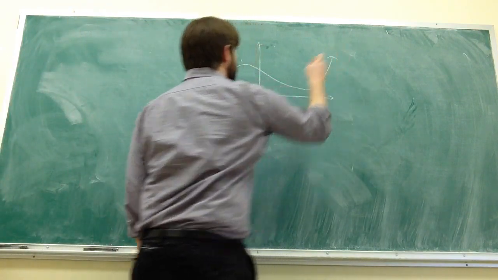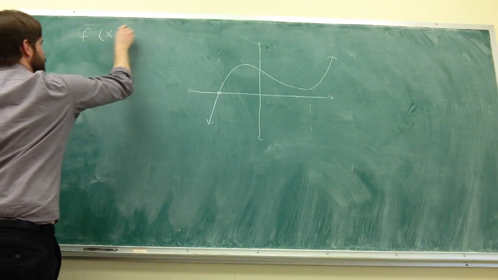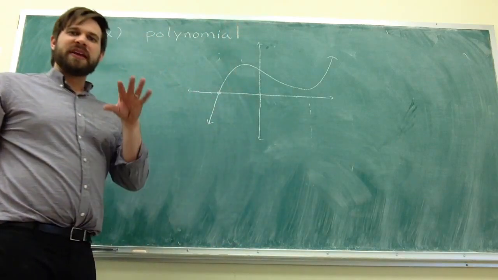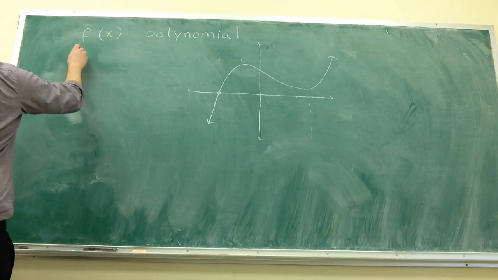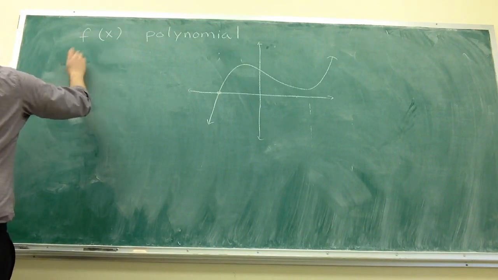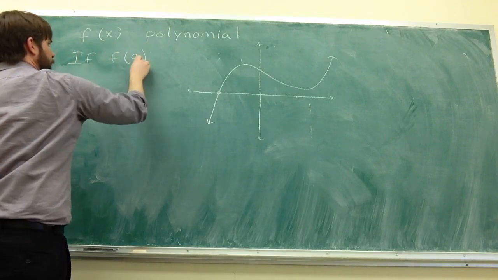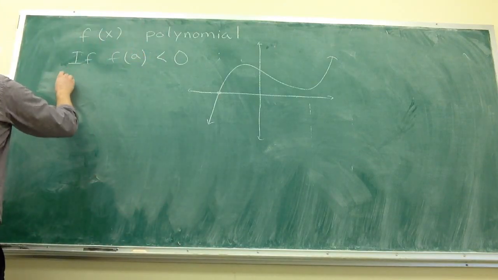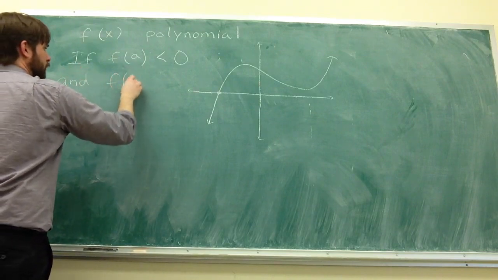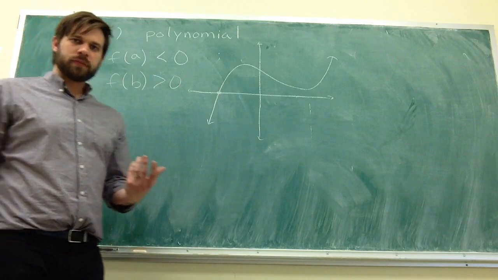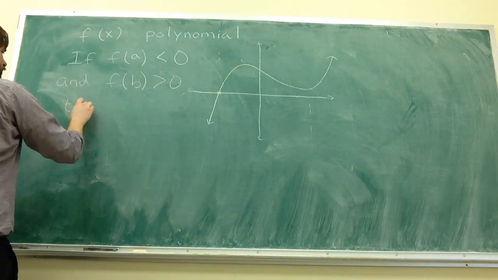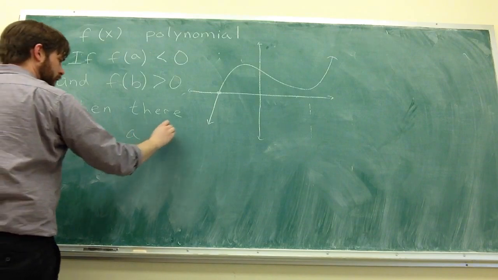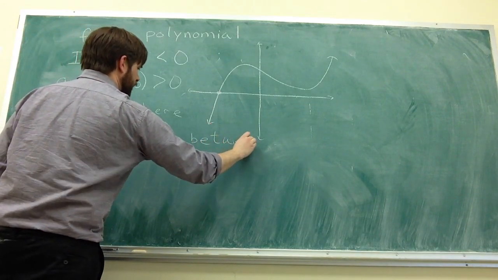And the answer is sort of a guess and check method. So if f of x is a polynomial, the intermediate value theorem tells us that if I can find some value a where f of a is less than 0, and then I can find some other value b where f of b is bigger than 0, then the intermediate value theorem tells us that there is a 0 between a and b.